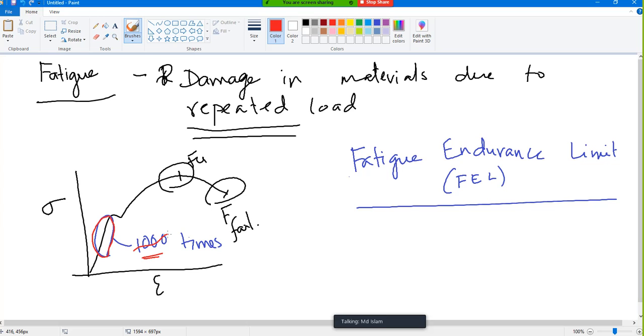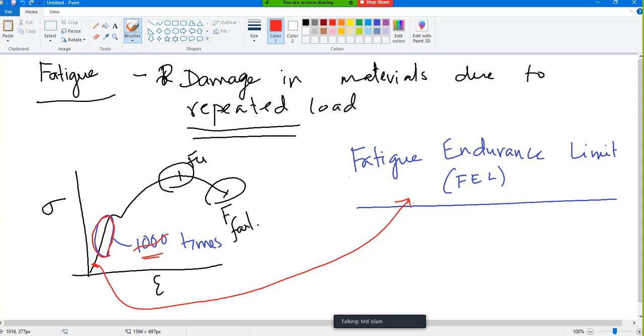But there is a limit. Say my stress is somewhere here at the very beginning, very small. Then my damage will be very low. In that case, maybe in 50 million times, it will not fail, or it will never fail. That limit is called fatigue endurance limit.